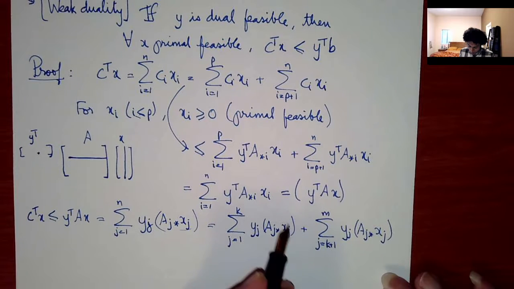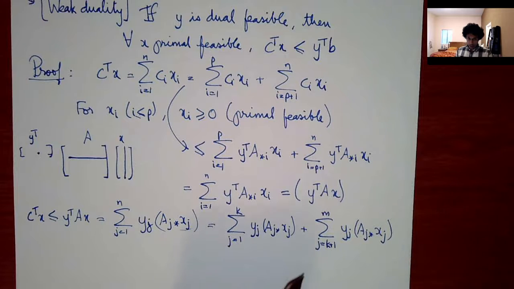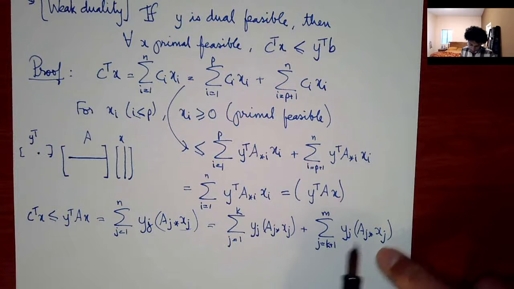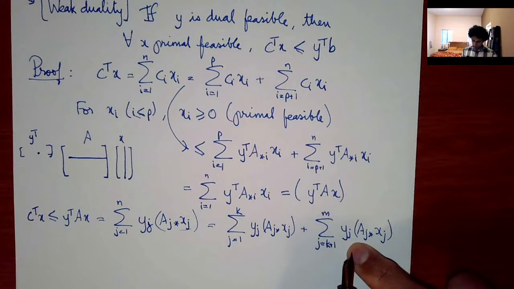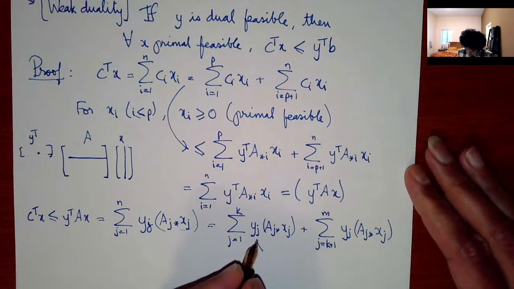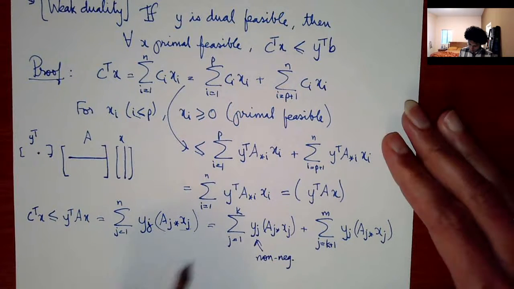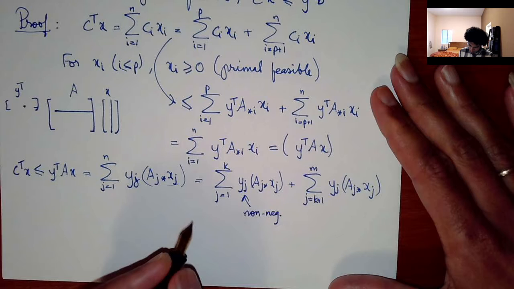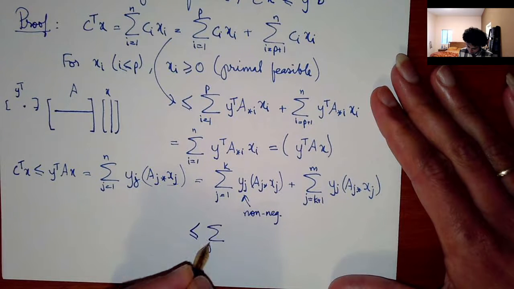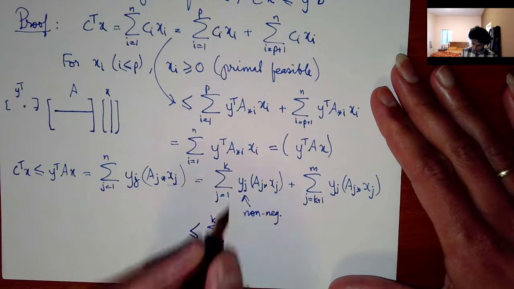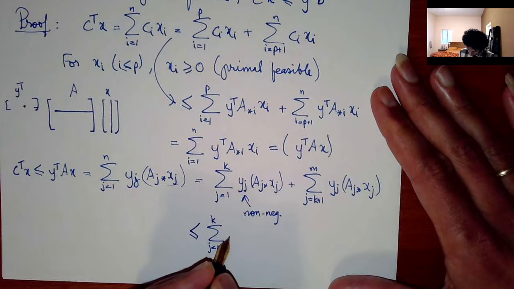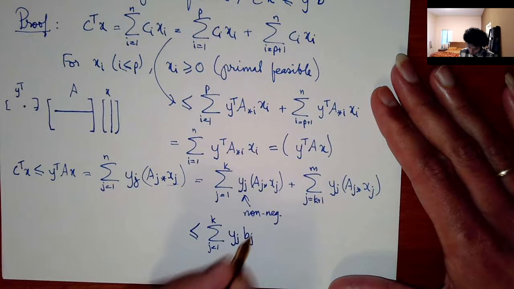I want to upper bound Aj star xj by bj. But I can only do this upper bound if yj is non-negative. In the equality case, I don't care whether it's non-negative or not. And so this is non-negative, again by the dual feasibility conditions. And because this is non-negative, I can replace this as the sum over j from 1 to k of yj times bj.